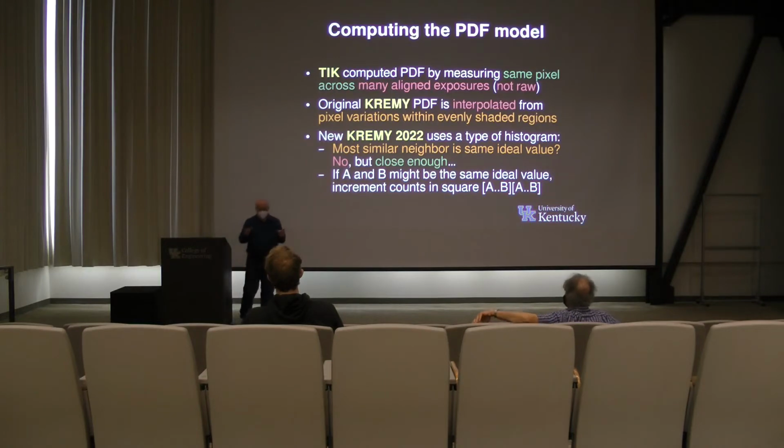We say, well, if you think about it, especially if we're sampling at the Nyquist rate or better, every pixel should have a pixel near it of the same color that's basically representing almost identically the same ideal value. So if on average we put those things together, that should actually give us a distribution for what the possible actual recorded values are for each of these ideal values. Now, it's not really correct, but it turns out to be more than close enough.